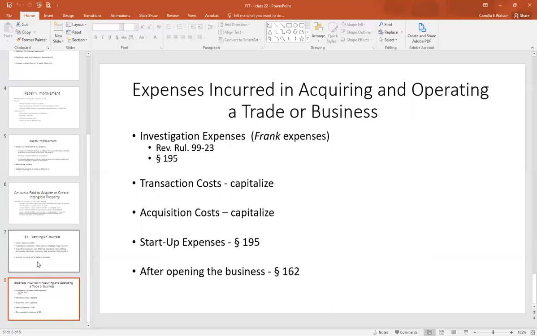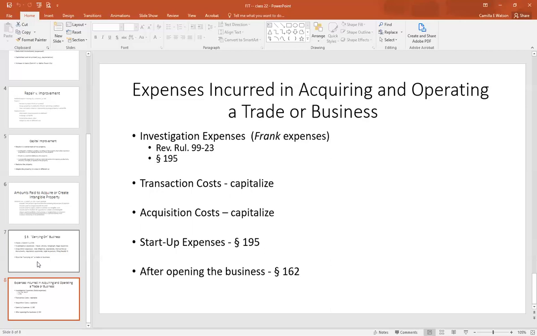This includes an analysis and survey of markets, products, labor supply, transportation facilities, legal expenses, which includes due diligence, and investment banking expenses for research and evaluation of the potential business. These expenses fall under 195. So up to $5,000 of them may be taken in the year the business becomes operational, and the remainder must be capitalized and amortized over a 180-month period.